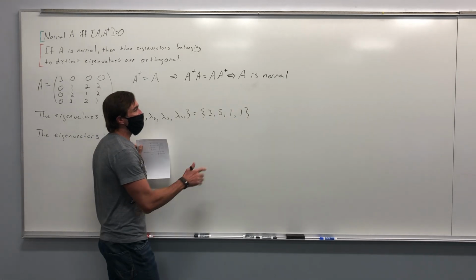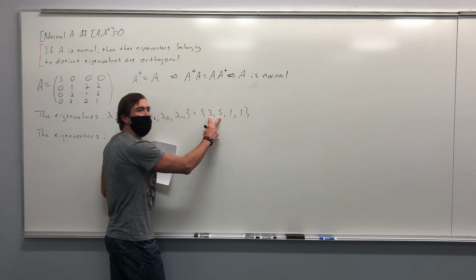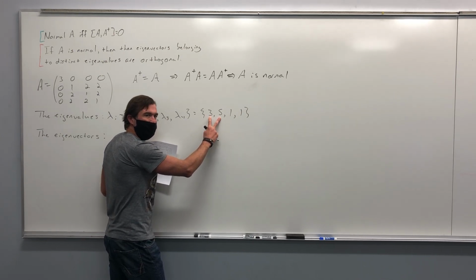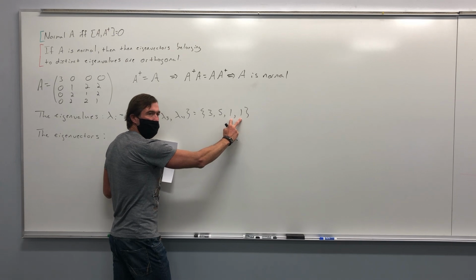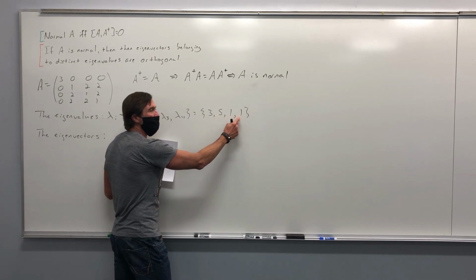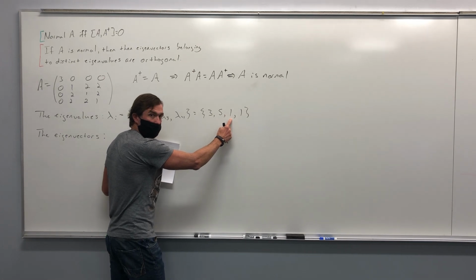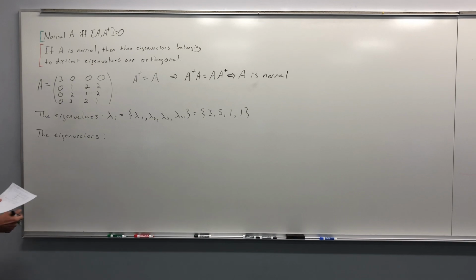The eigenvectors associated with the distinct eigenvalues should be orthogonal to each other, and they should be orthogonal to these. However, these eigenvectors, whilst they are orthogonal to those, do not have to be orthogonal to each other. I'm just going to demonstrate that through this example.